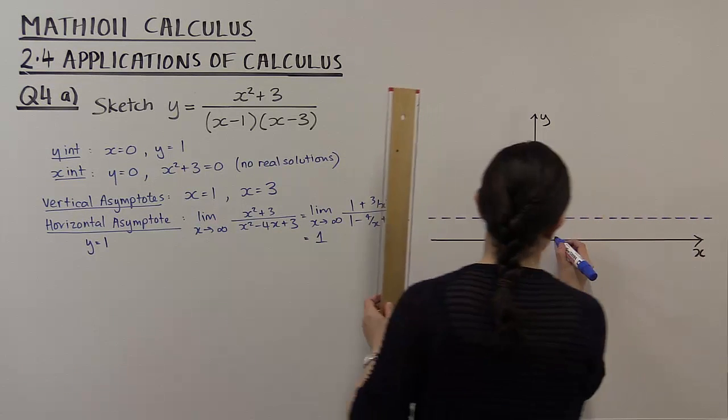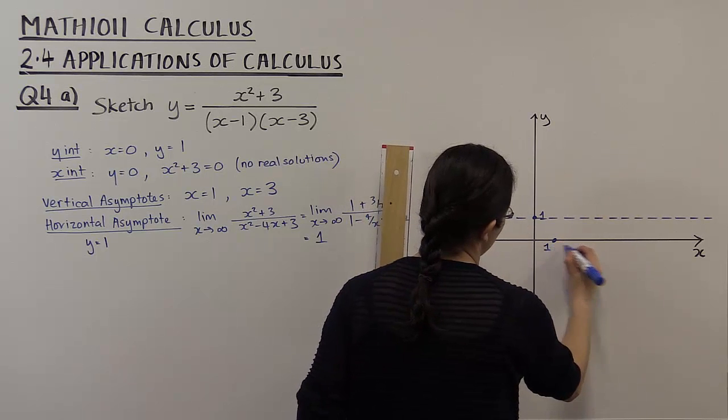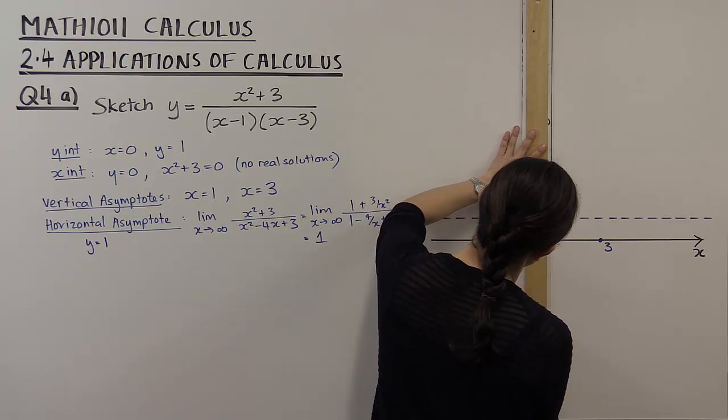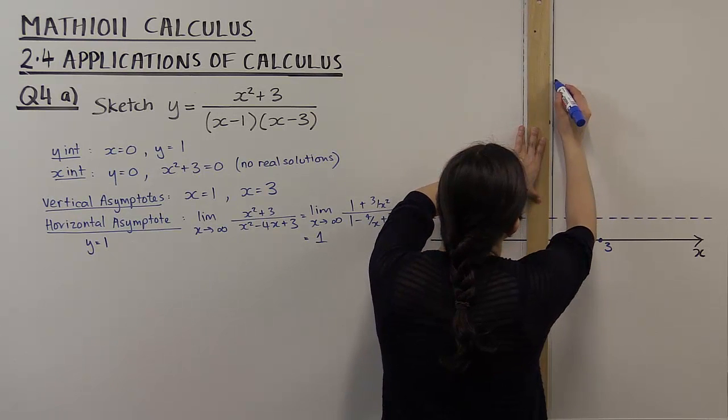And we also know we've got vertical asymptotes at 1 and at 3. So we'd better put those on our graph.